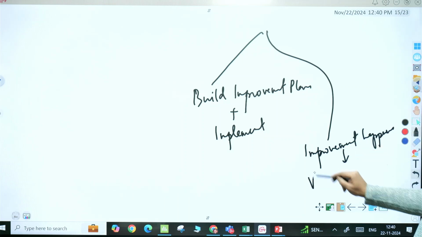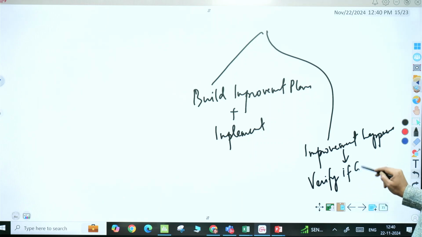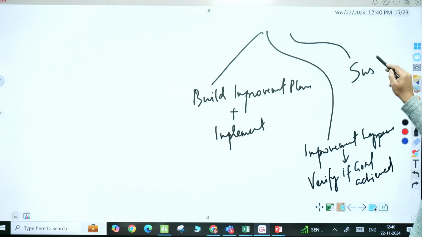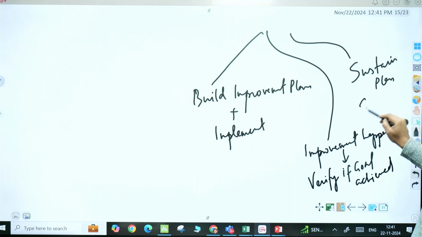So verify कर लीजिए if the goal has been achieved. Goal achieved? Build some sustenance plan.